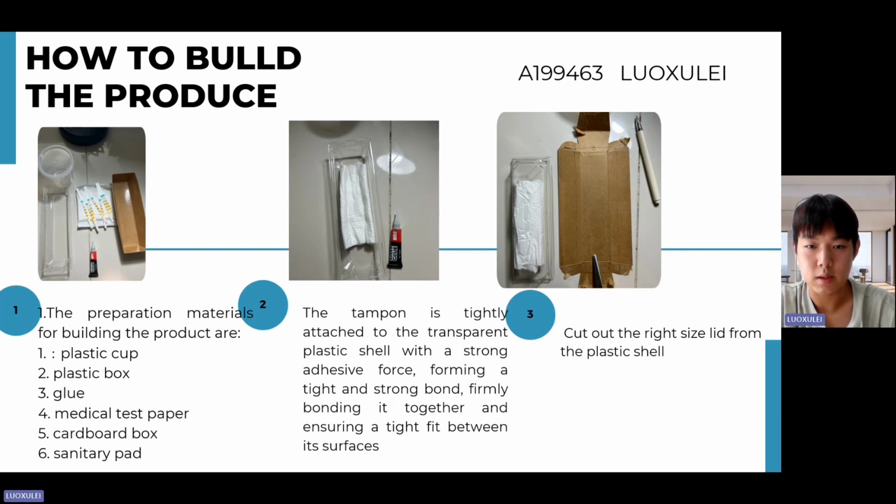The next thing is to put the paper in the plastic, reading the size and the shape of the lid. This is most important because the position of the test paper will affect the final use.